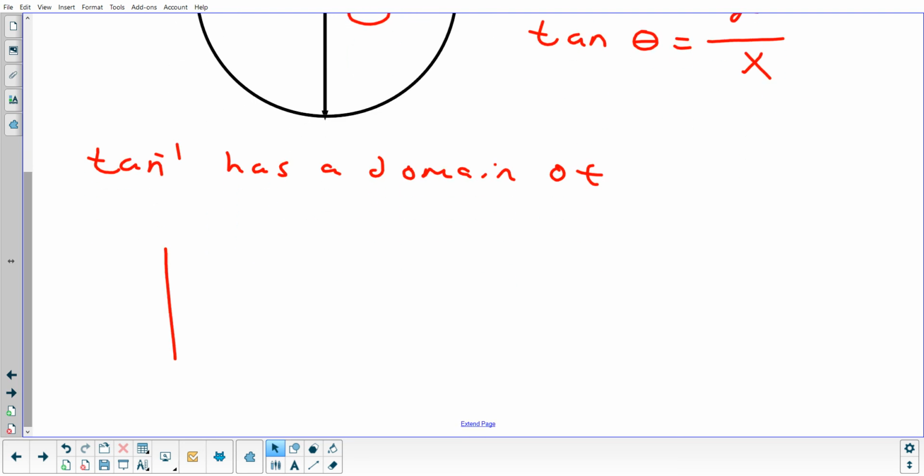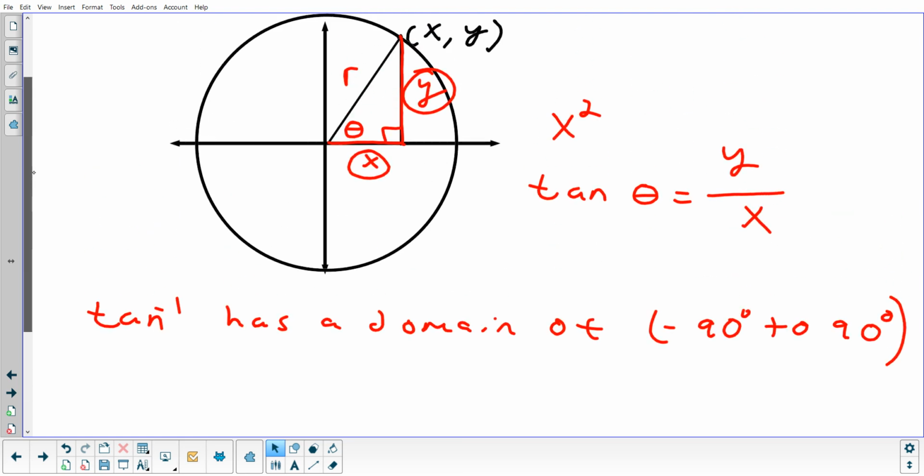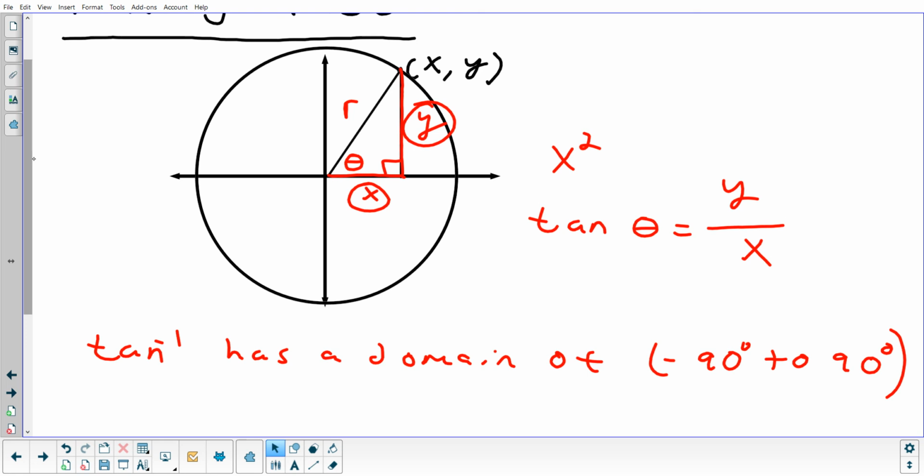So let me think, if that's not the interval we normally use, you might be able to use that interval, but it's just not the one we normally use. Is it negative 90? It's negative 90 to 90. So anytime you do inverse tangent, you're going to get an answer between negative 90 and 90.